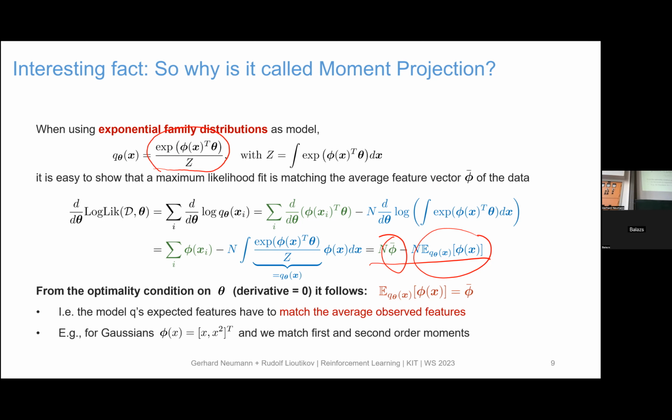How would the features of the Gaussian look like? If you remember, how does the Gaussian distribution look like? It depends on the mean and the variance, but these are the parameters. So mean and variance would be part of theta.